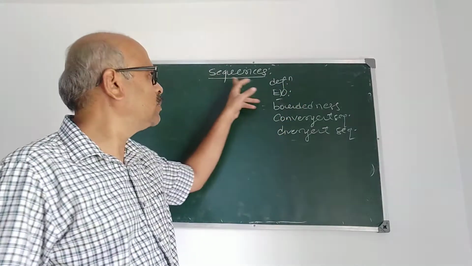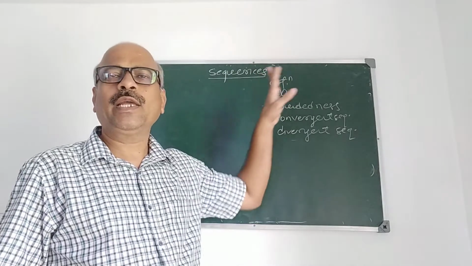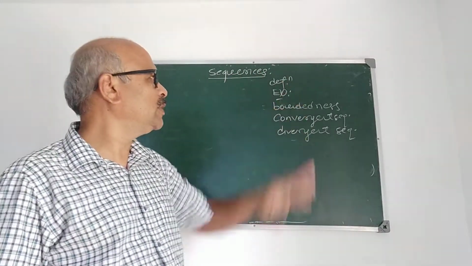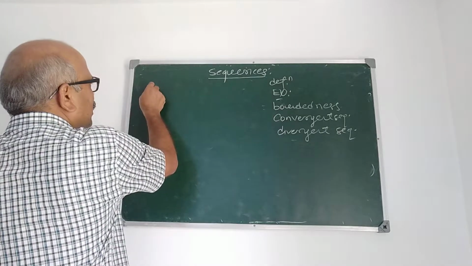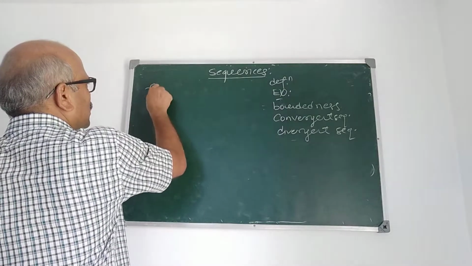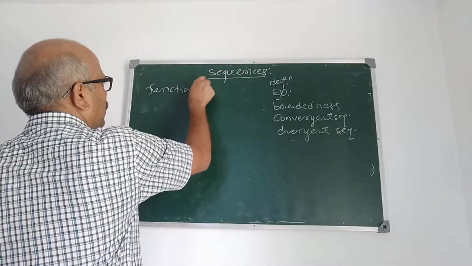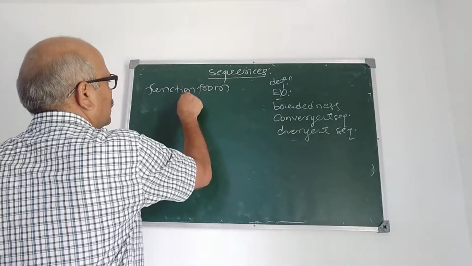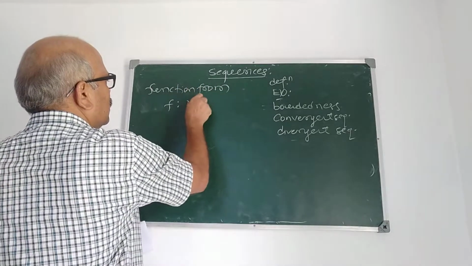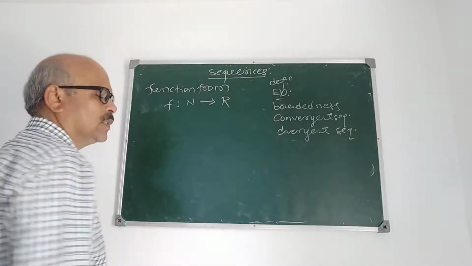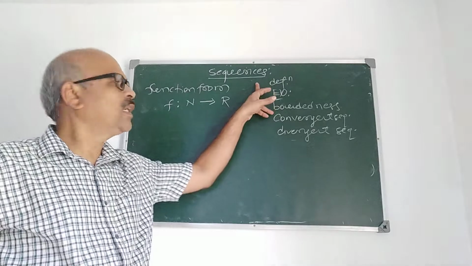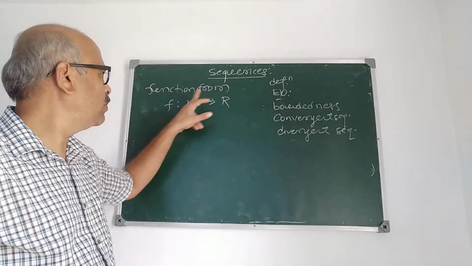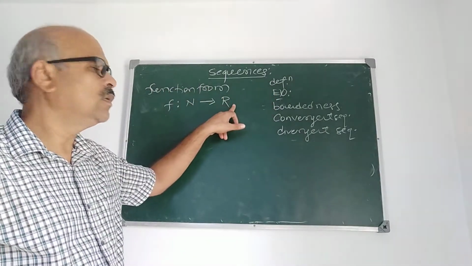But here, we consider only infinite sequences. How is the sequence defined? Sequence means it is a function from the set of naturals to the set of reals. So the definition is: a sequence is a function from natural numbers to reals.